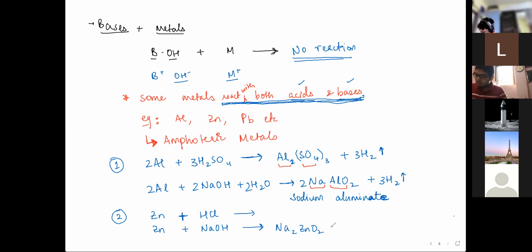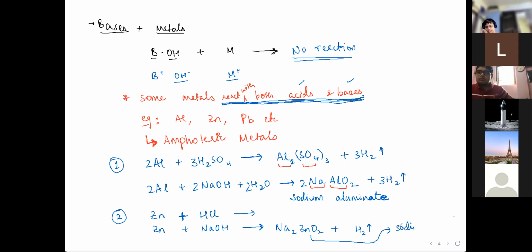So this plus H2 gas. What do you predict would be the name of this compound? Sodium zincate, yes.